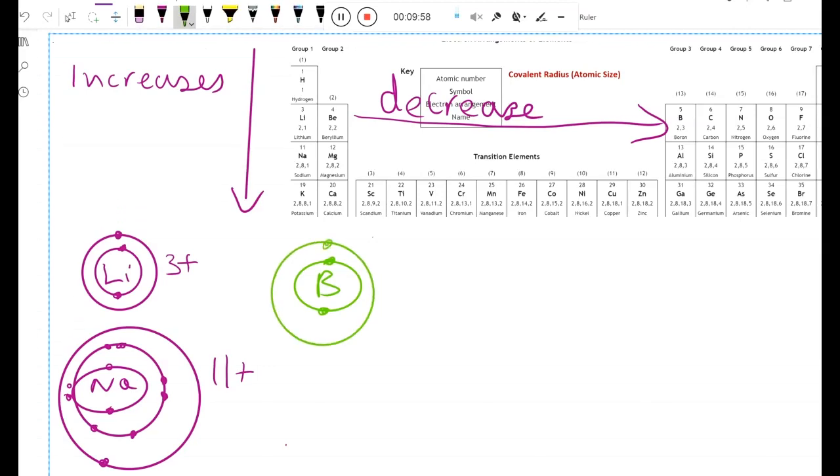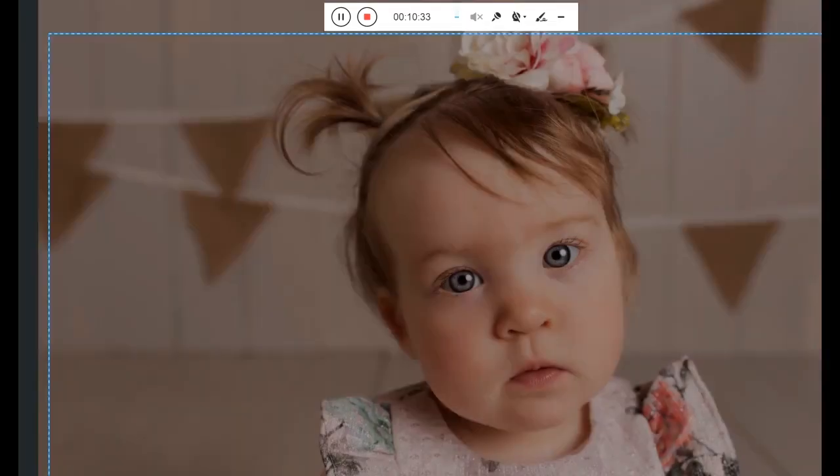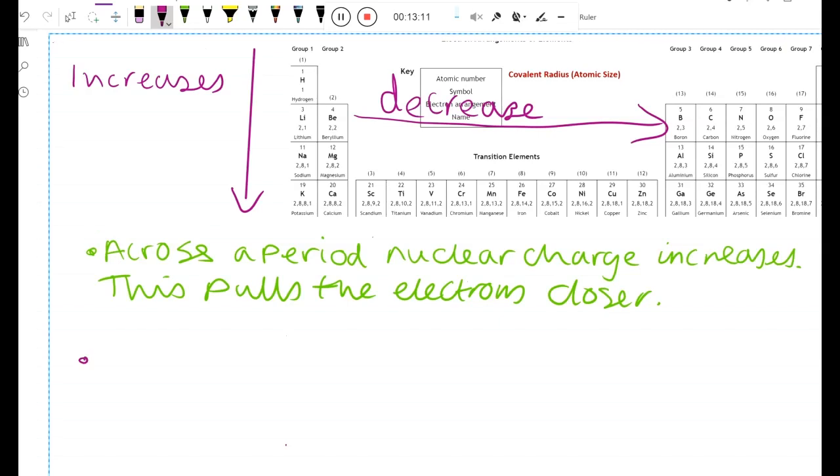Moving along one, I've got carbon, and I'll just do nitrogen.